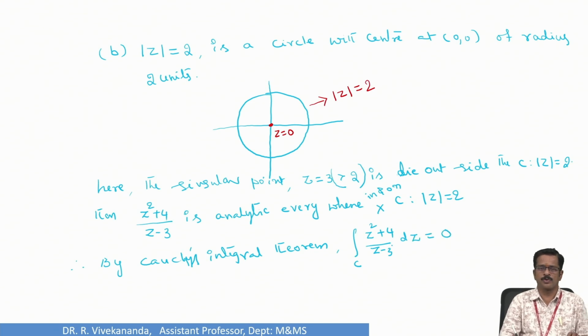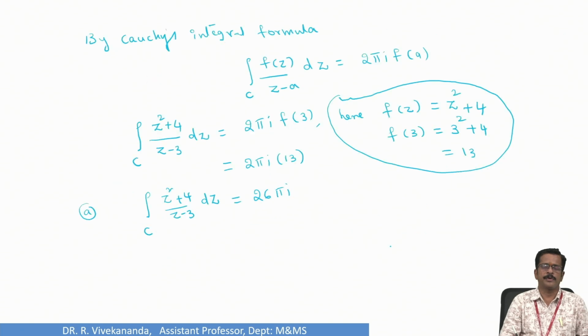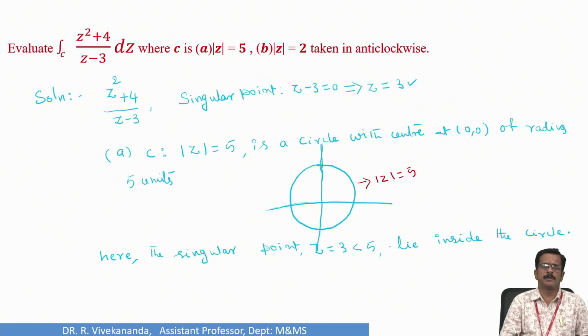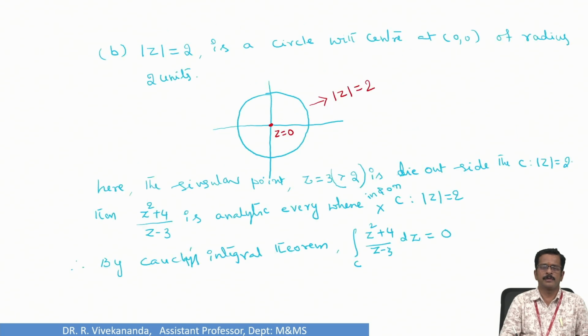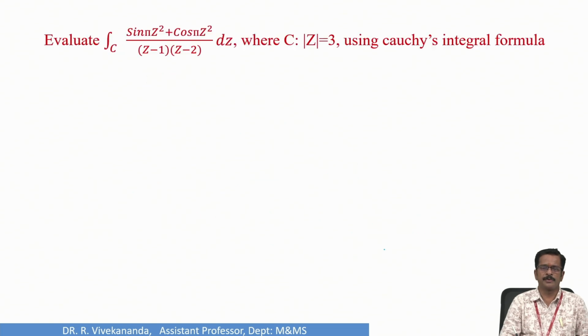The evaluation of that integration is 26 pi i with respect to A, and with respect to question B, the integration value is 0. So this is another type of question. These types of questions are also important from the exam point of view.